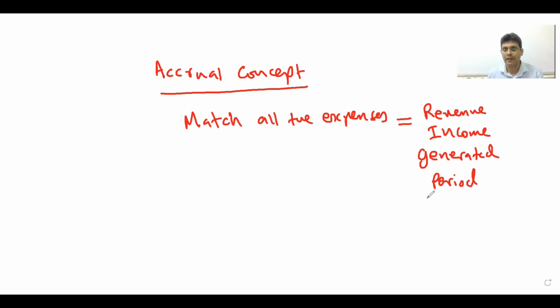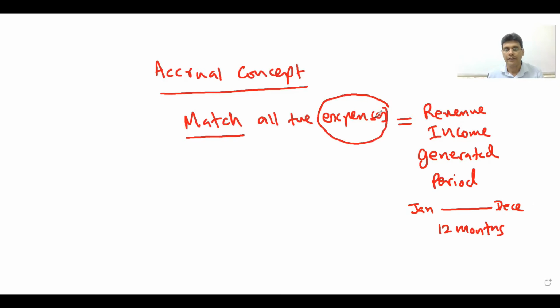Okay, so particular period means, obviously, it will be from January to December because we prepare financial statements for 12 months. So we need to match all our expenses with the revenue generated for this particular period. So period means a 12 month period from January to December.